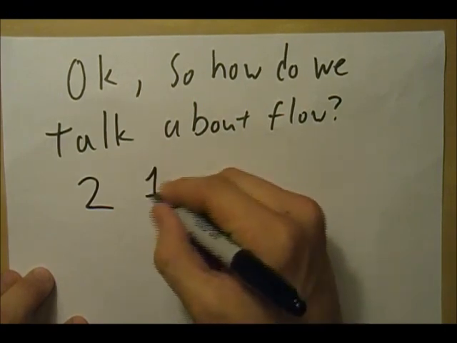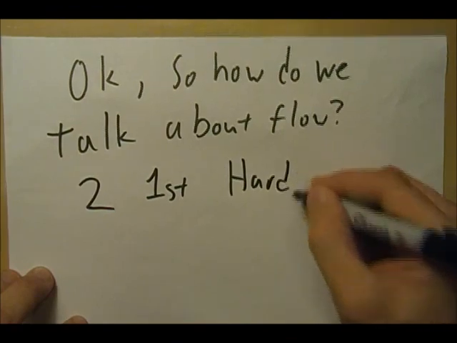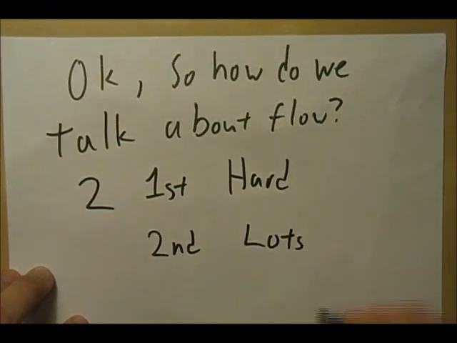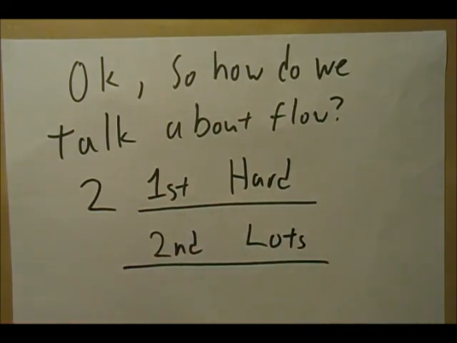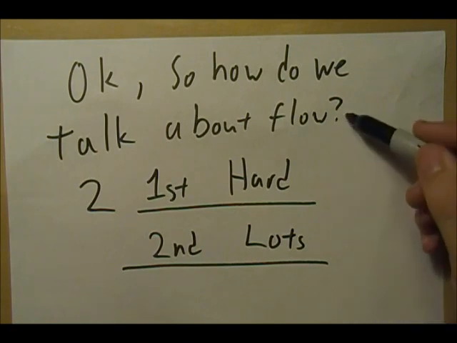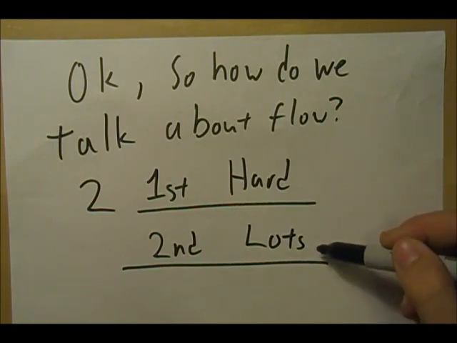The first way is hard, and the second way is lots. Now, these are two variables that change depending on what exactly is pushing the electrons or water, but we talk about the flow as how hard it's flowing and how much is flowing.